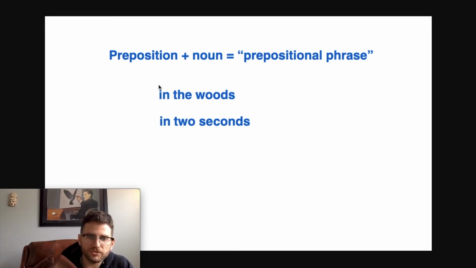Okay, I'm relating woods and man, and one is in the other. Okay, with my prepositional phrase of time, I could do exactly the same thing. The game was in 2 seconds. I mean, or the game. How about the game? Not the game. A game can't last 2 seconds.